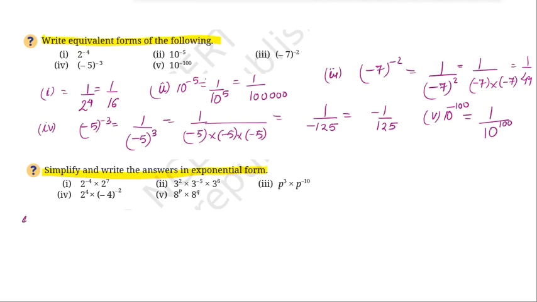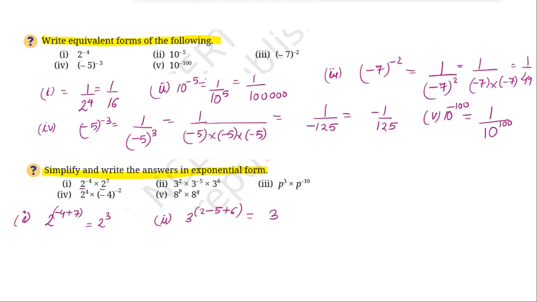So in the first one, we will apply the product property. When you have the same base, the powers get added. So -4 plus 7 would give you 2 to the power of 3. Now for the second part, again all of them are in products, so the powers will get added. So 2 -5 plus 6. Even if I had written plus and then -5, it would still be -5, so I've directly written that.